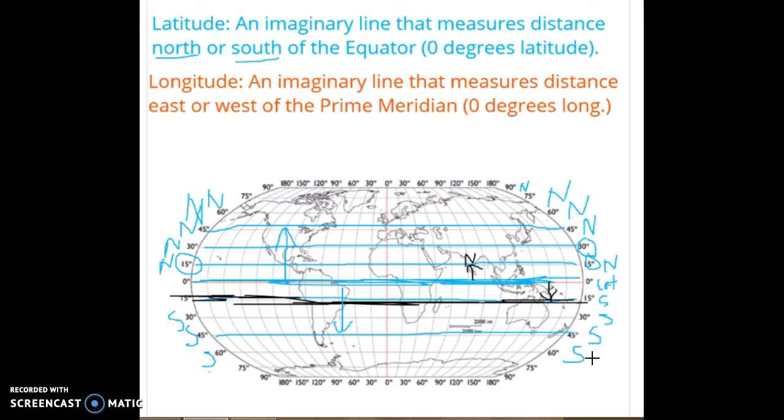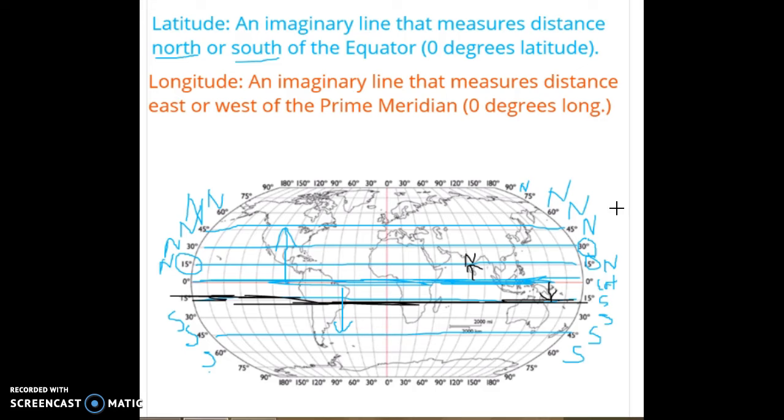What I was seeing yesterday was that a lot of people were labeling this as a compass rose. Latitude and longitude lines, that's not a cardinal or intermediate direction. You have to remember cardinal and intermediate directions are not latitude and longitude lines. They're not the same thing. They're different.